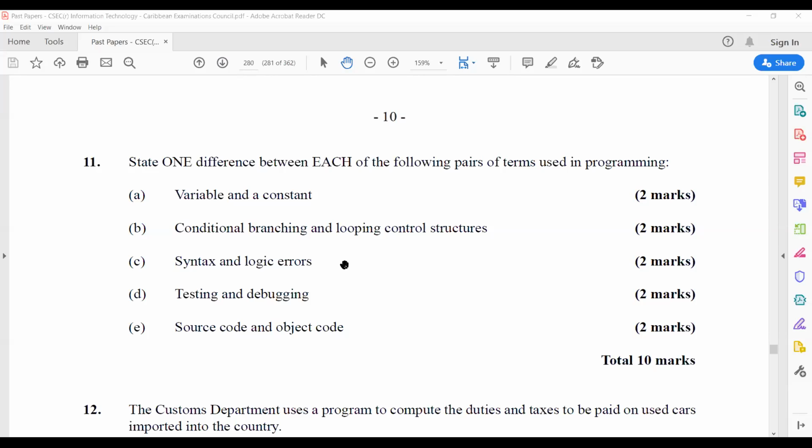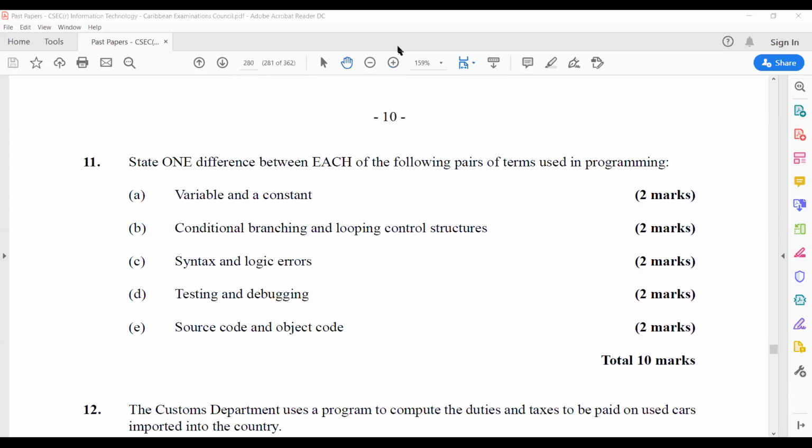For conditional branching, based on a condition, a statement or group of statements is executed once. So for the looping control structure, statements would be executed multiple times based on a condition.